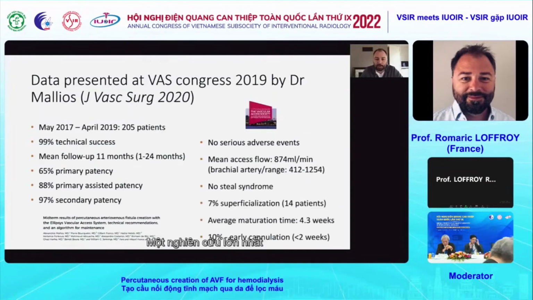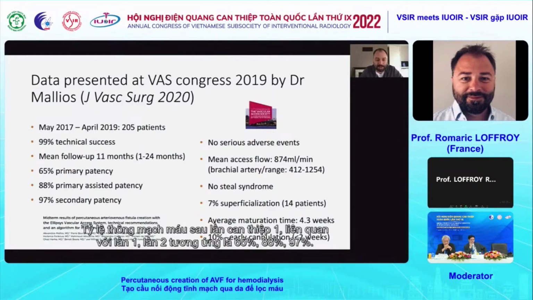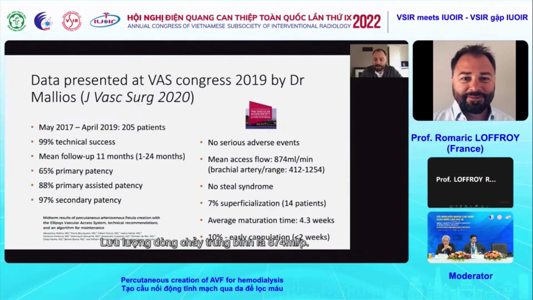And if we look at the biggest series from Alexandros Mayos, published last year, about 205 patients, 99% technical success after mean follow-up of 11 months. You can see the primary patency, primary assisted patency, and secondary patency rates, 65, 88, and 97, with no serious adverse events, a mean access flow of 874 milliliters per minute, no Steal syndrome in the long term, very important and very interesting.